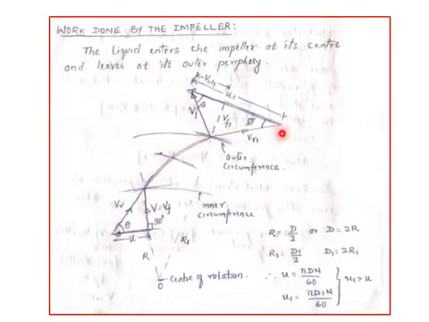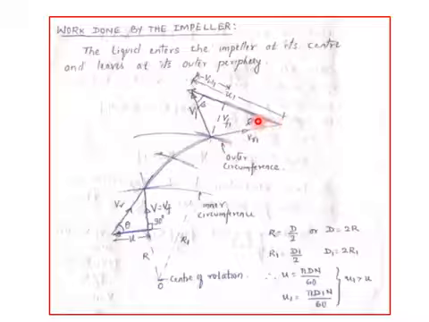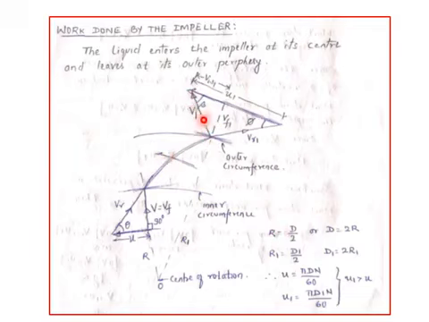Now this Vr1 is always in the tangential direction, as we have discussed. By the time the water moves out in the tangential direction, the vane would have moved with some velocity u1. So the jet which we were observing from outside leaves in this fashion at an angle beta with the direction of motion of the vane. If this angle is beta, this angle will be beta. Now the line joining from tail to tip is always the absolute velocity.